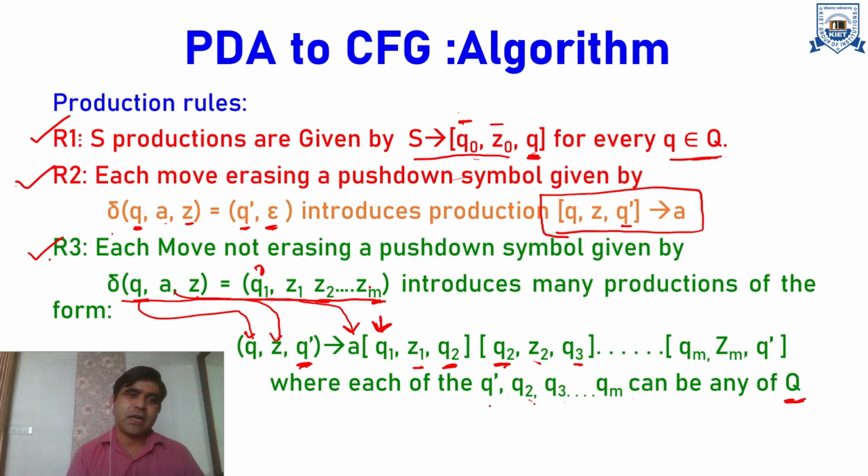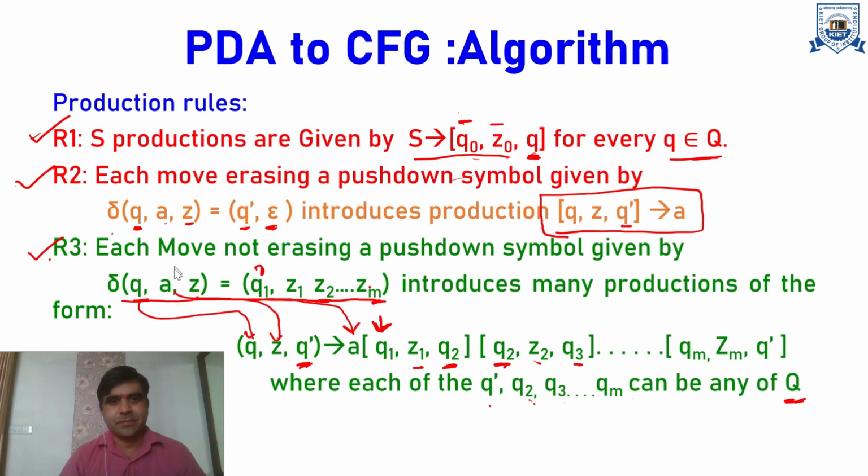The start symbol productions are given by rule number 1, and rules 2 and 3 give the equivalent production rule for every transition rule of your push down automata, right? So let's see with the help of an example. While converting a push down automata to an equivalent context free grammar, we only need to remember these three rules.